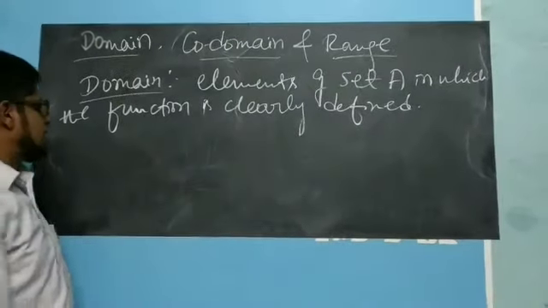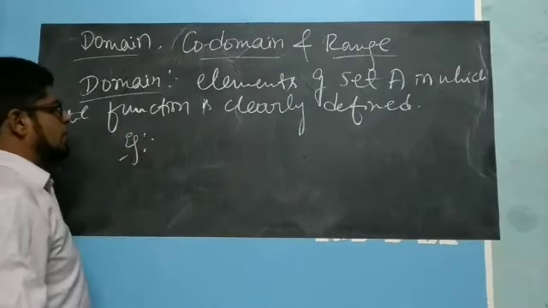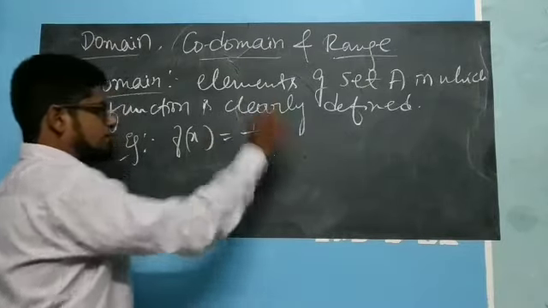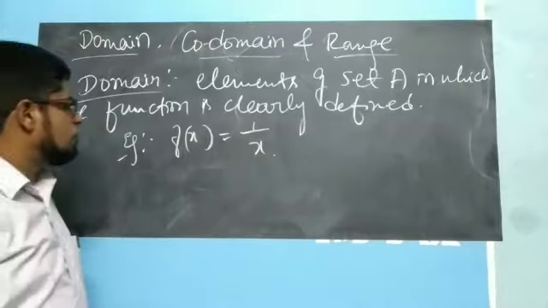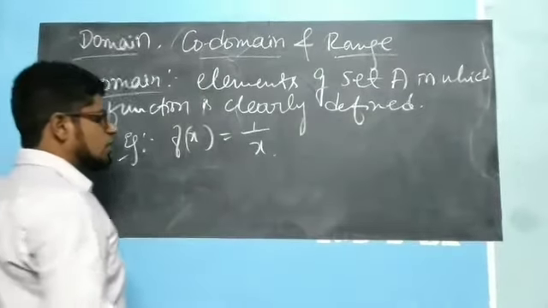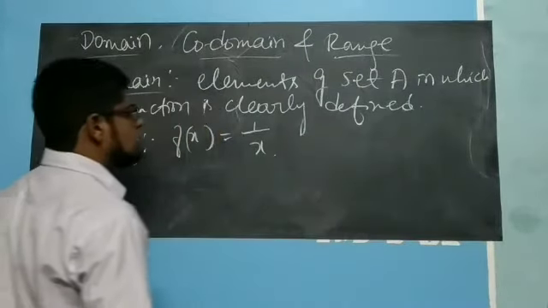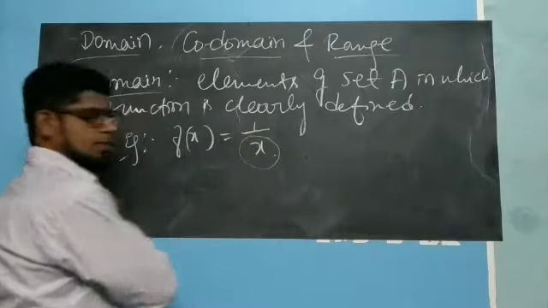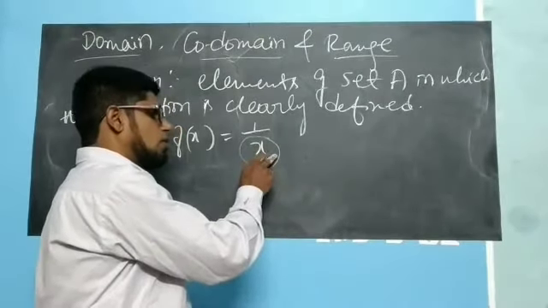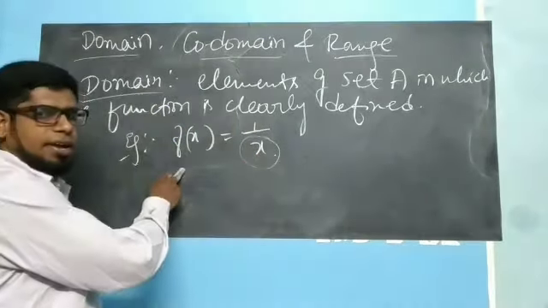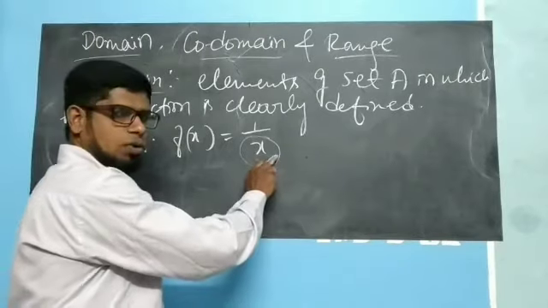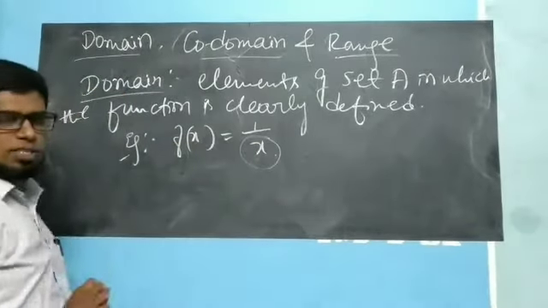For example, if I have a function, a simple one I will take, just 1 by x. The domain of this function is the values of x for which this function is defined. If anywhere the function is not defined, then that particular value does not come under the domain of our function.